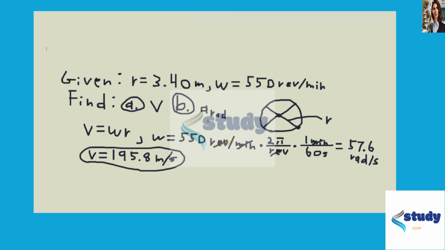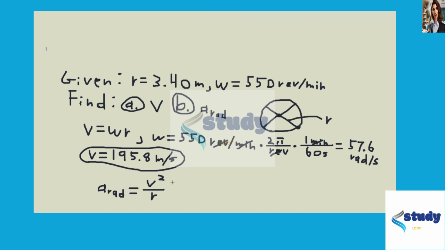And then for the radial acceleration, I'm going to use the equation v squared over r, so it's going to give me the radial acceleration. Okay.